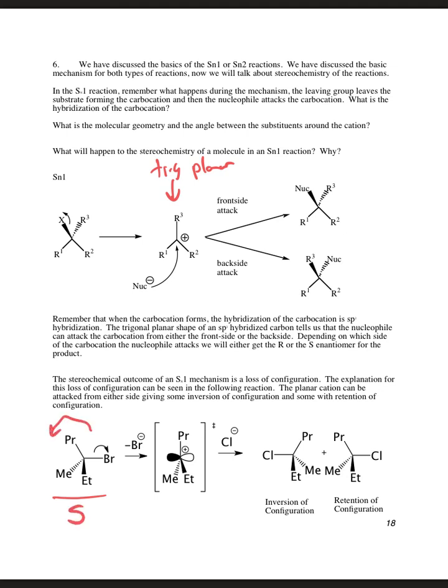It is S. It goes through that planar cation. The nucleophile can add from either side, and it will. So we're going to get both the S and the R product out of it in roughly a 50-50 mix.